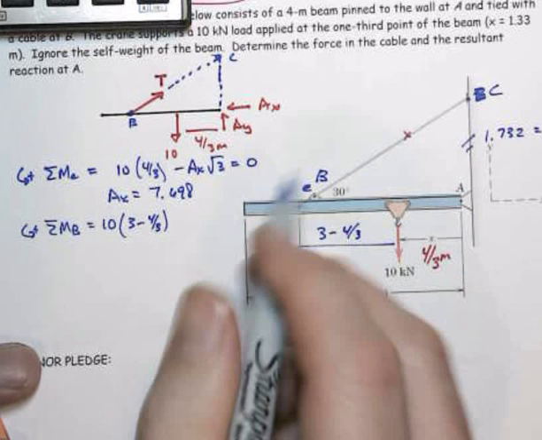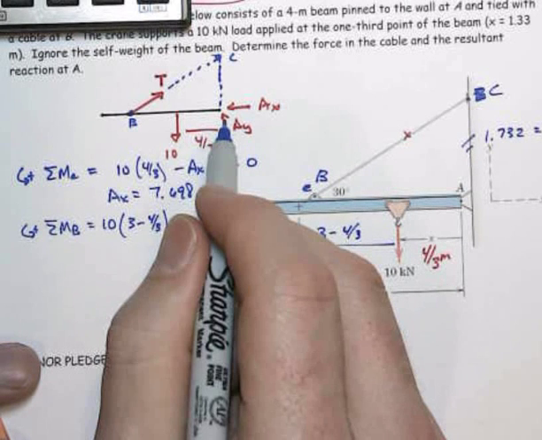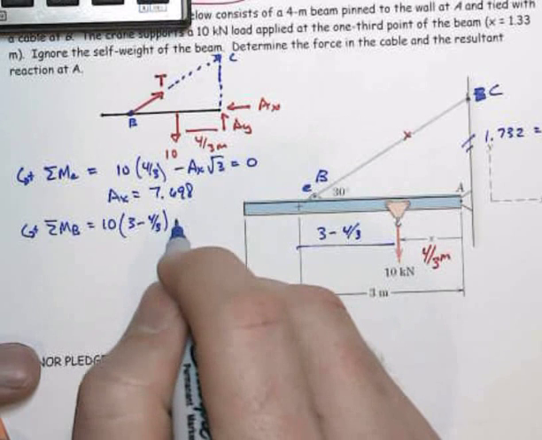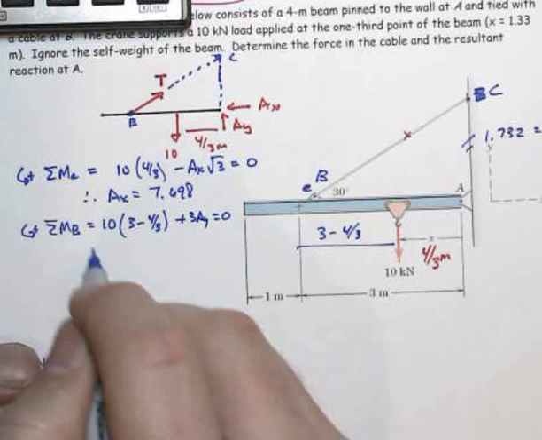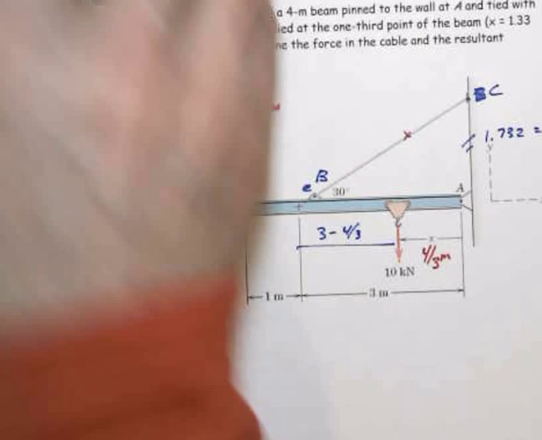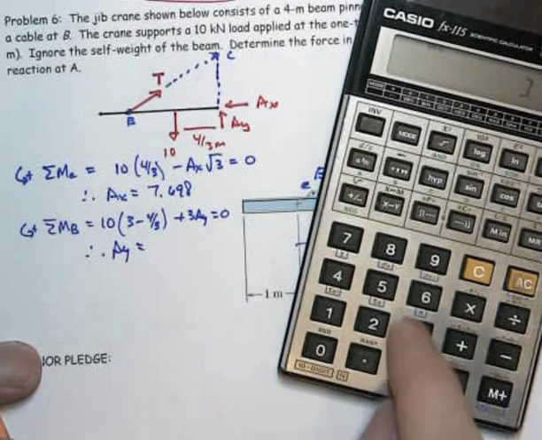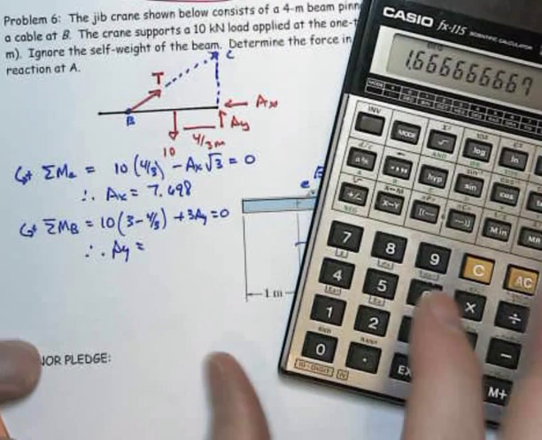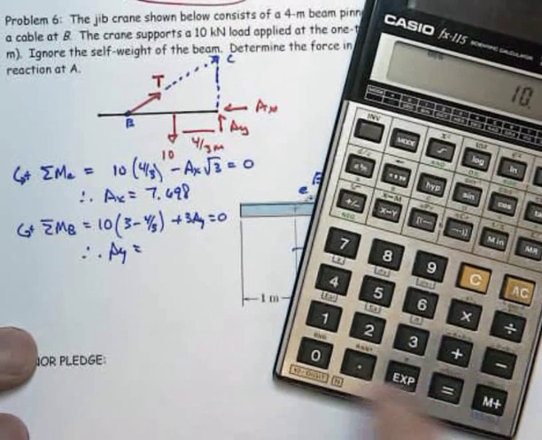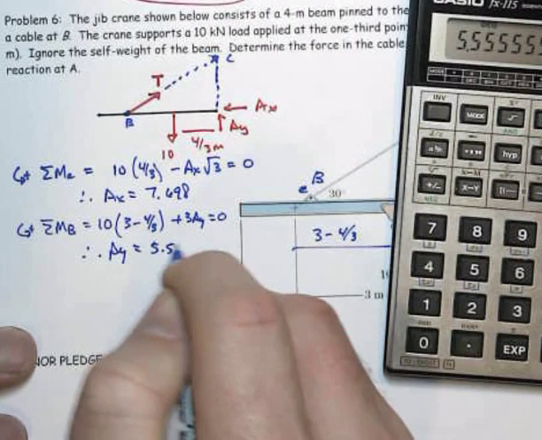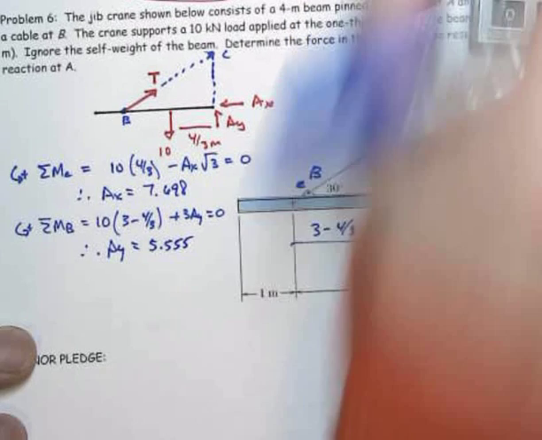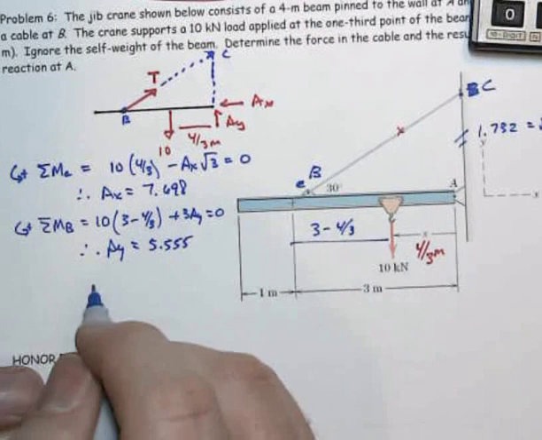And then we got to get the AY, so that's going to be plus 3 times AY equal to 0, so therefore AY is going to be 5.55 repeating.